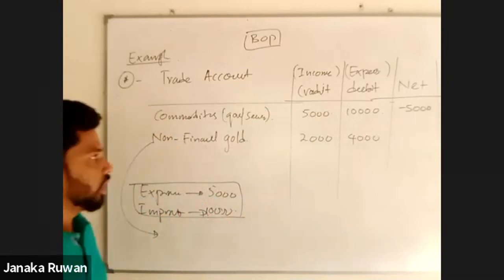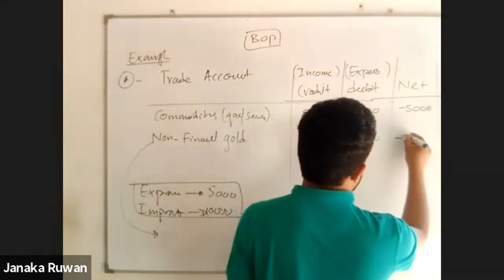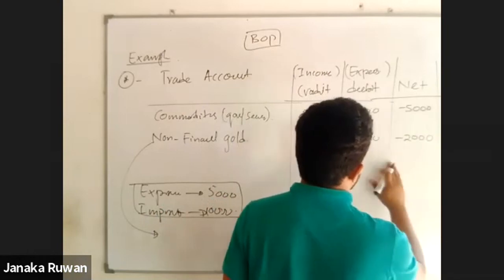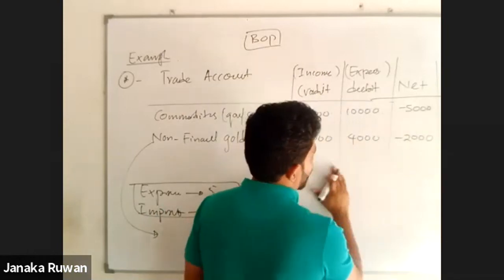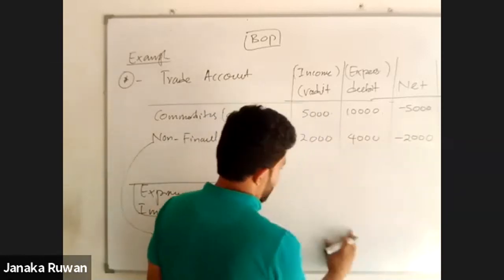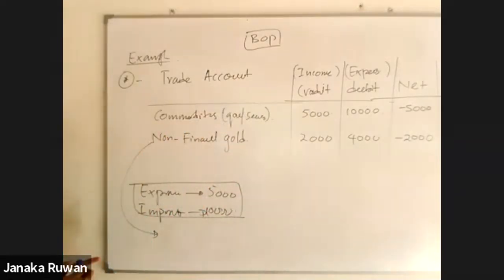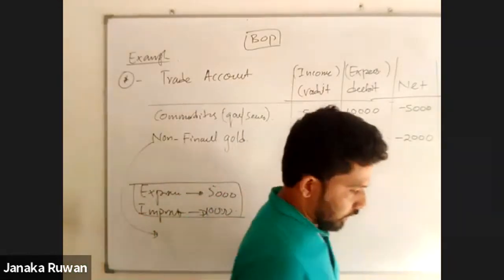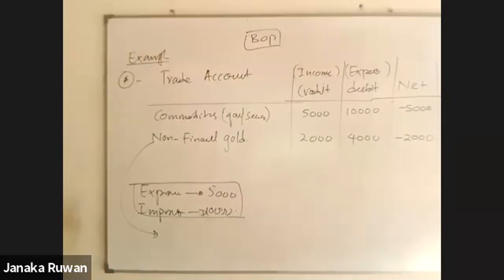So the net effect will be minus 2,000 for this export and import, that means income and expenses. Those are the things we need to identify: how we record transactions in the trade account.